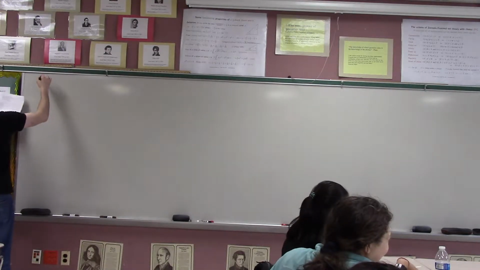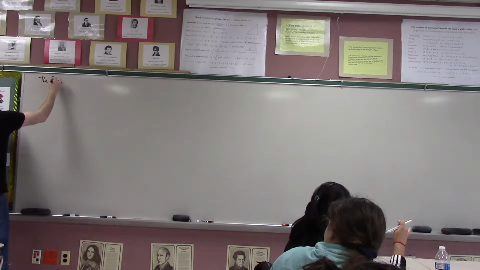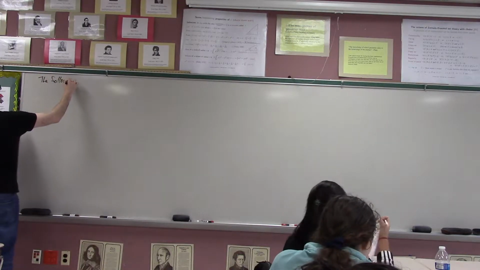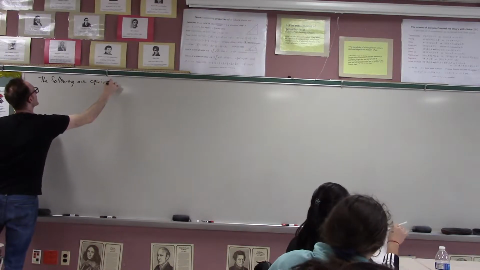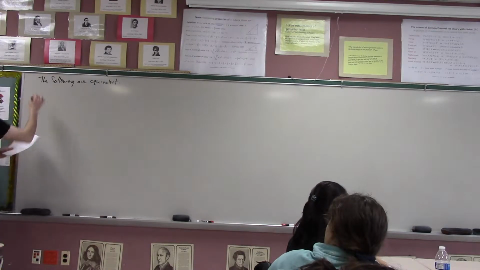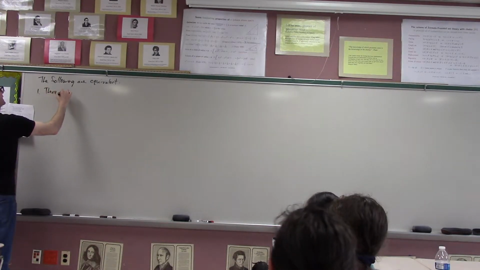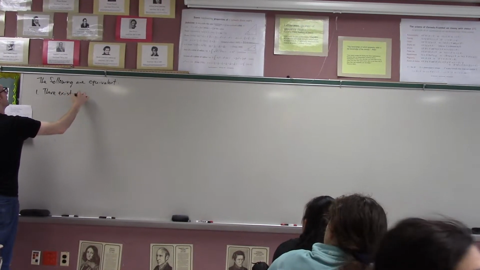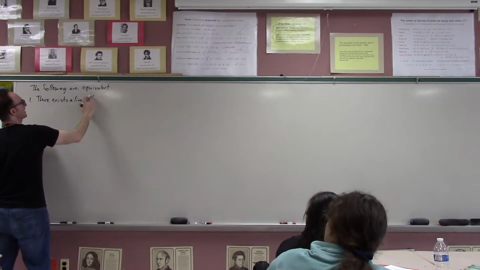All right, so take any integer n greater than or equal to 2. The following are equivalent. One, there exists a line with, can I just be a little casual with my verbs?